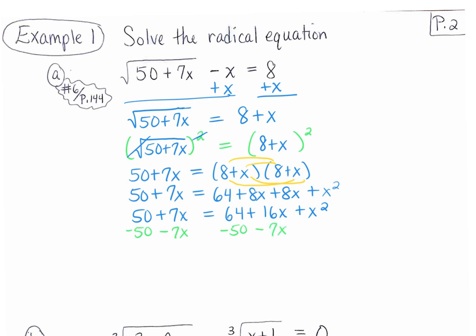That gives us 0 equals 14, plus 9x, plus x squared. Because I want to arrange the right side in descending order, I'm going to write 0 equals what?